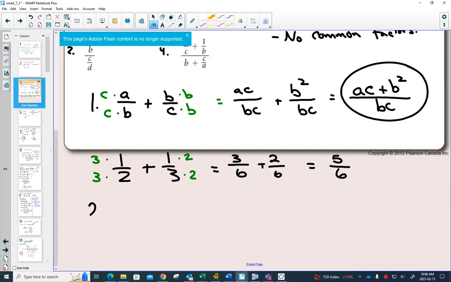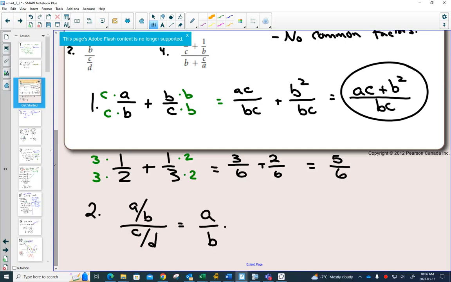Number 2, we have AD over CD. So we have to remember our rule for dividing fractions. If you have a fraction divided by a fraction, our fraction rule is multiply by the reciprocal.